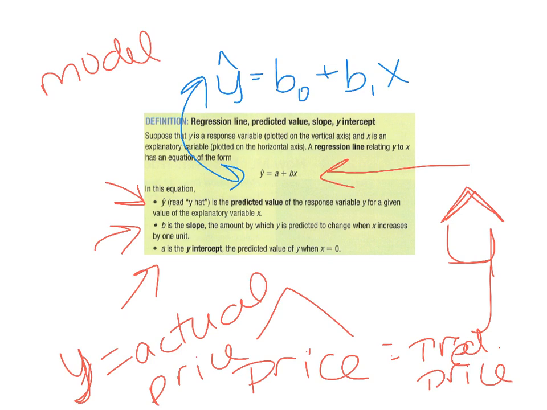This is the one that you see on your formula chart, the b naught plus b1. However, this is the one your book chooses to use because that's how your calculator displays it, and the formula just looks a little bit more straightforward. So if you're showing your work, you are totally welcome to use this formula.